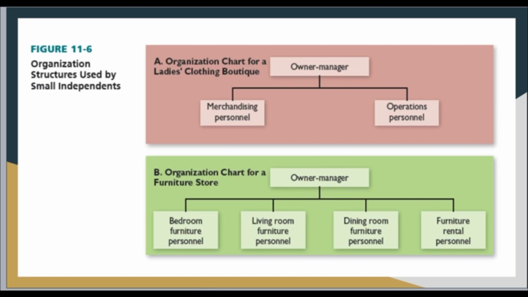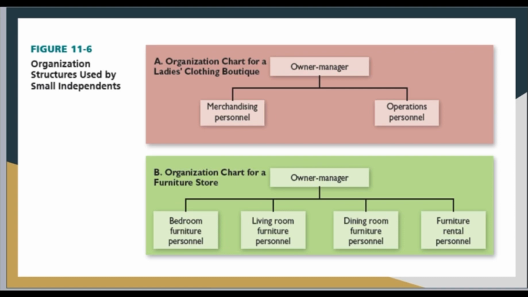This figure shows how a small independent organization structure really works. Figure A shows the organization chart for a ladies clothing boutique: there is an owner or manager, then merchandising personnel and operations personnel.